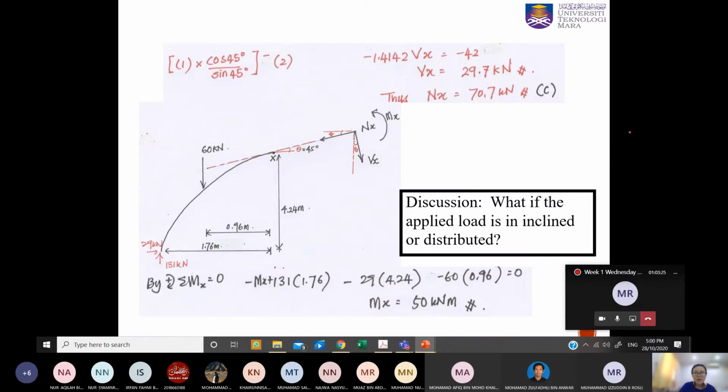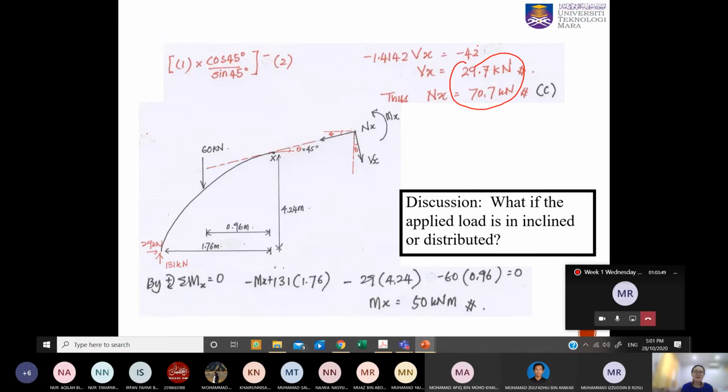So, are you able to get your Vx and Nx? This value? Yes. Okay. Same as you. Congratulations.